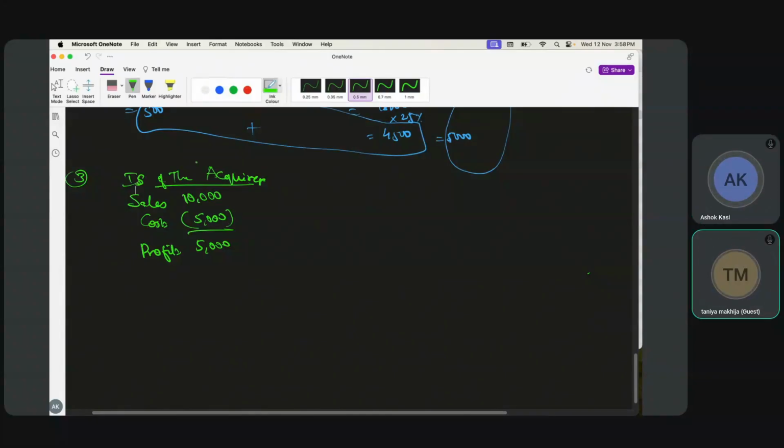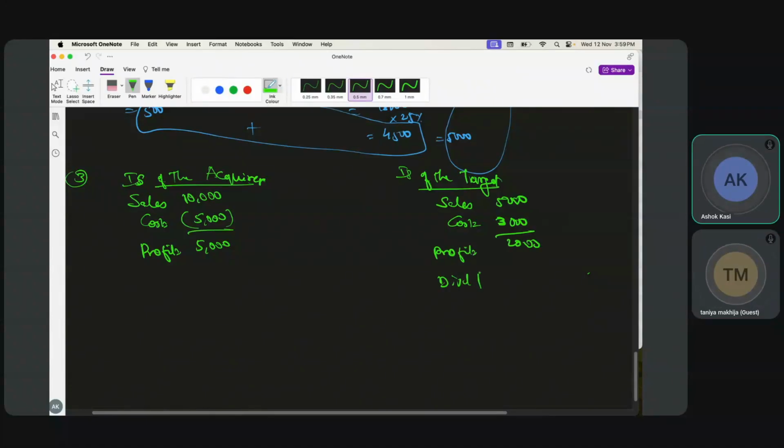For the target, sales 5,000, cost 3,000. Dividend paid is 500, correct? Yes, sir.